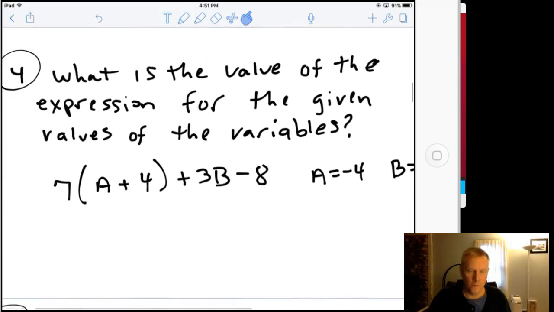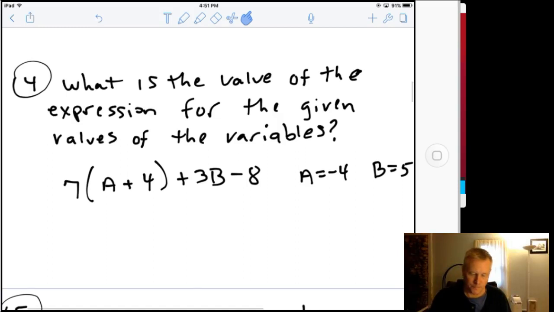All right, so number 4. This one's a little different. What is the value of the expression for the given values of the variables? They give me this expression on the left side, 7 times A plus 4 plus 3B minus 8. But then they tell me over here that A is negative 4 and B is 5.